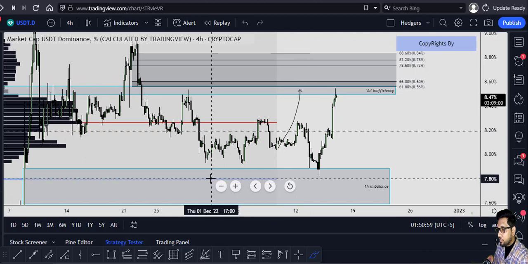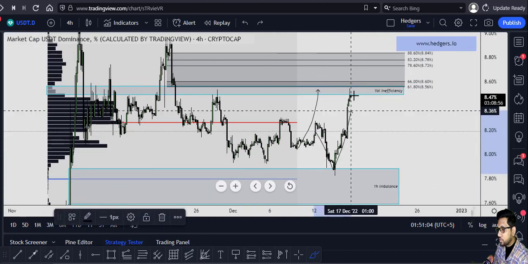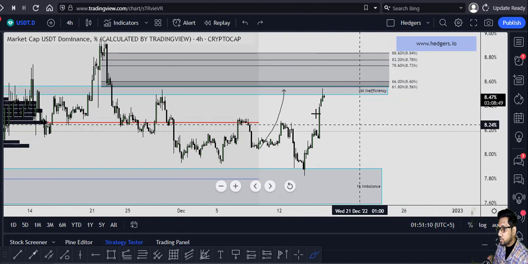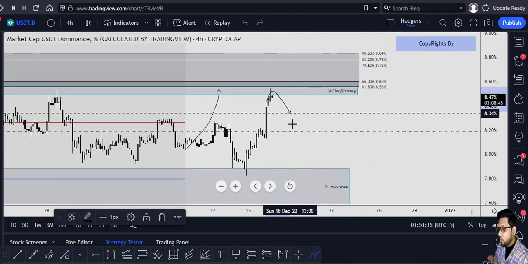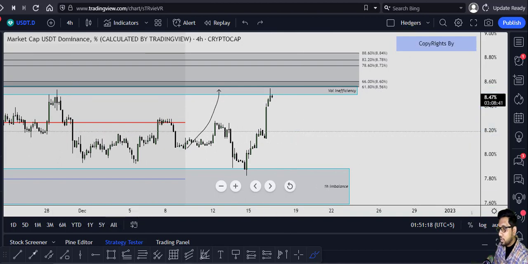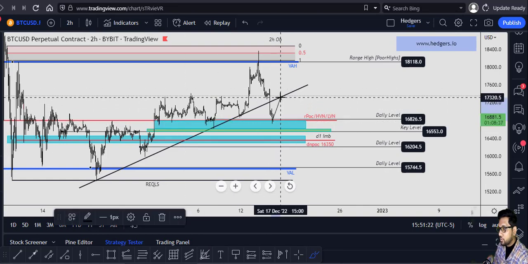What happens after that? Taking the lows, it just pumped to the upside to retest our given target for the USDT dominance. And now what I am anticipating is a pullback to the downside, which will definitely give Bitcoin a relief push to the upside.